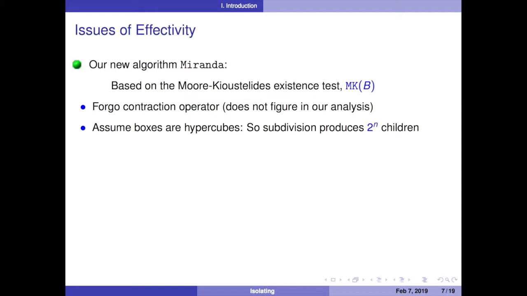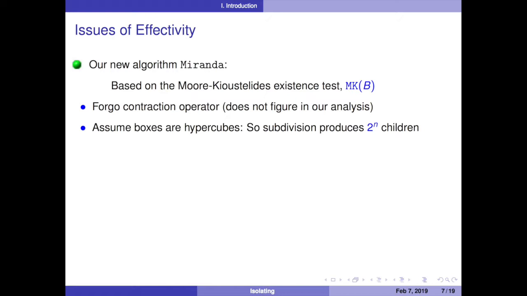And in this paper, we're going to talk about existence testing based on what is called the Moore-Kioustelidis MK test. I won't talk about contraction from now on, although in practice it's important. I didn't do any analysis of this. In practice, just add it to the thing. It might speed things up, but I don't claim anything about its complexity. And I assume all my boxes are hypercubes, all the same size.